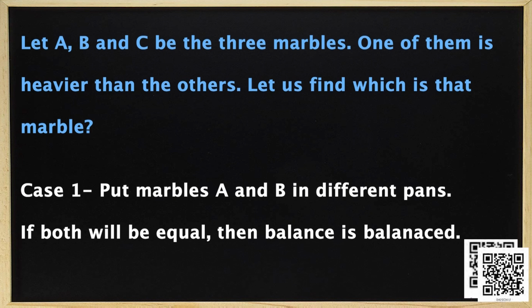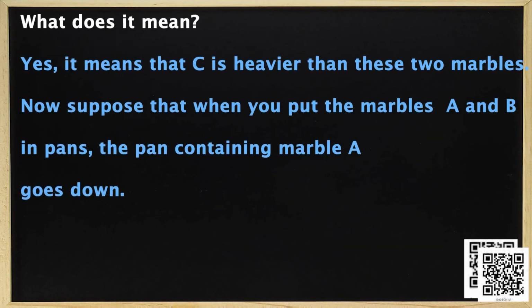Dear students, if both marbles are equal, then what happens to the balance? Yes, the balance is balanced. If the balance is balanced, what does it mean? Yes, it means that C is heavier than these 2 marbles.